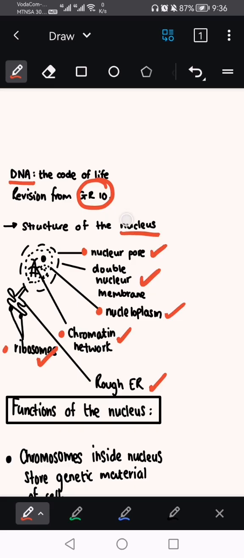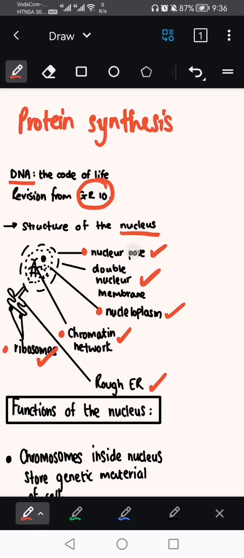Mitosis is the division of somatic cells, and meiosis is the division of gametes or sex cells. And ribosomes we know is the site of something called protein synthesis, and we're going to look at that as well a little bit later in this topic.